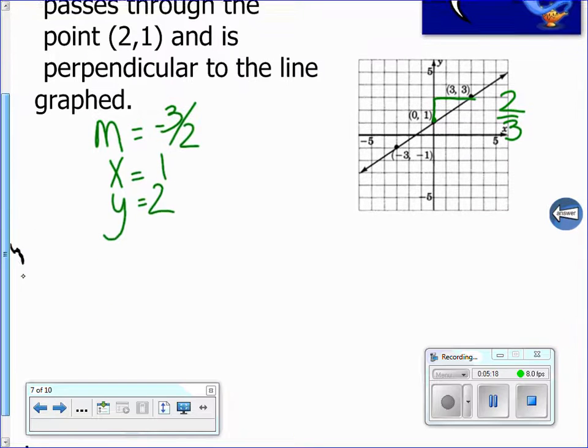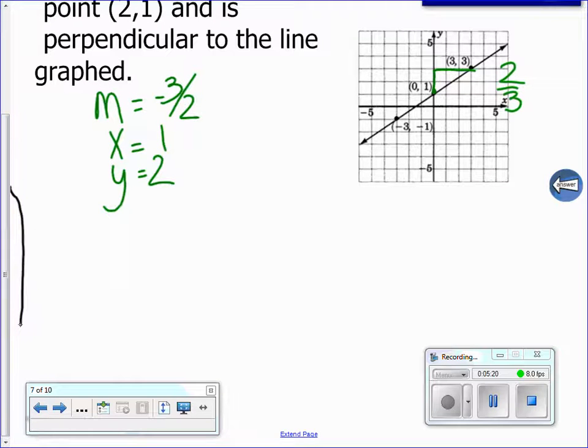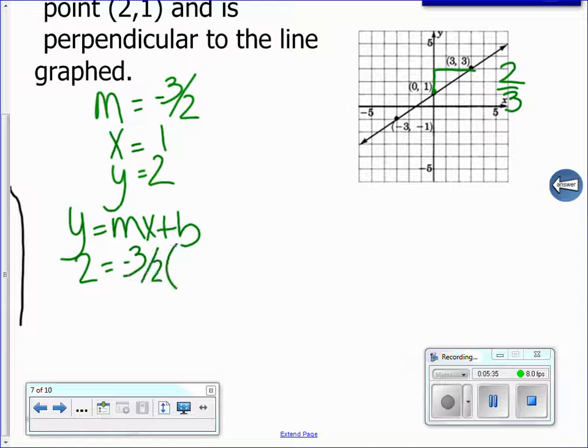So this time I'm going to use both ways just so you can see either one. You can use slope-intercept form or point slope. So y equals mx plus b. Plug in my y, my m, my x, which is 2, plus b.